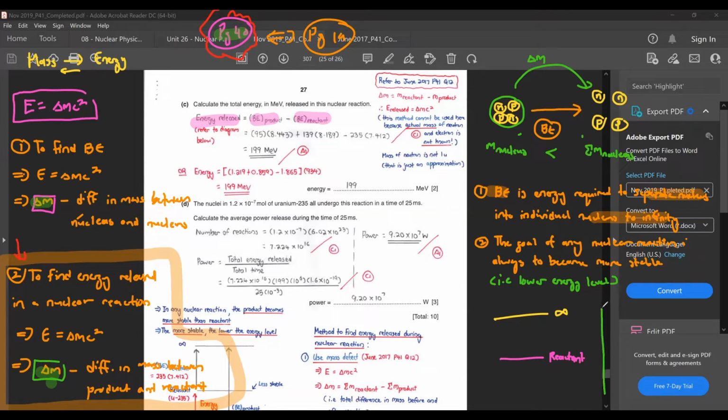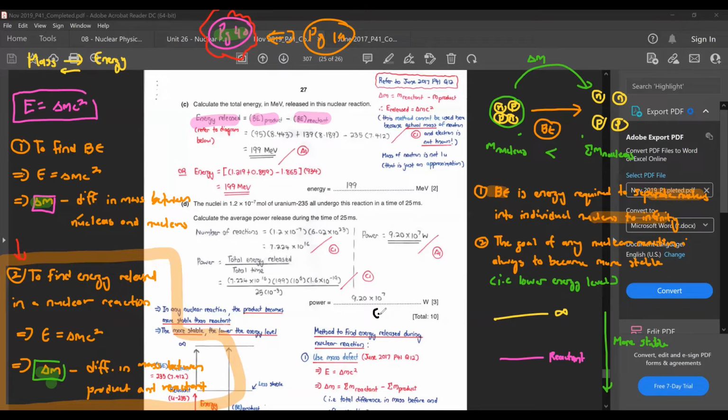If you're going down in this direction, it means you are getting more stable, because this is your energy level diagram. Let me just write it here.